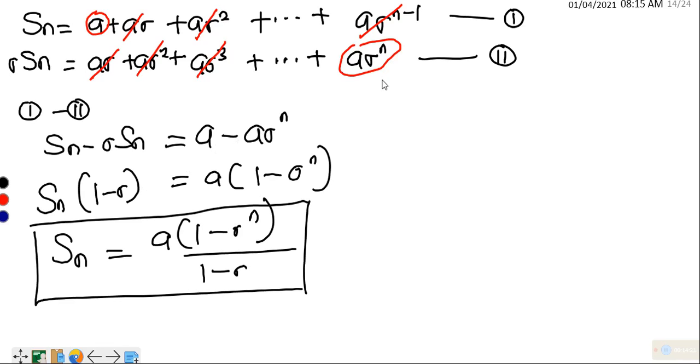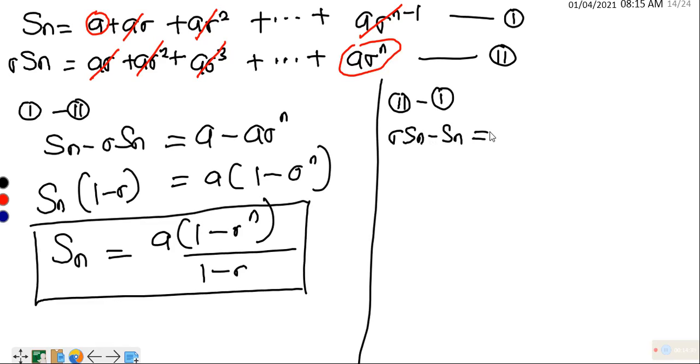Okay, so to generate the second formula, we subtract equation 1 from equation 2 instead. So if we subtract equation 1 from 2, we are going to have rSn minus Sn equal to ar^n minus a, and of course this is a into r raised to power n minus 1.